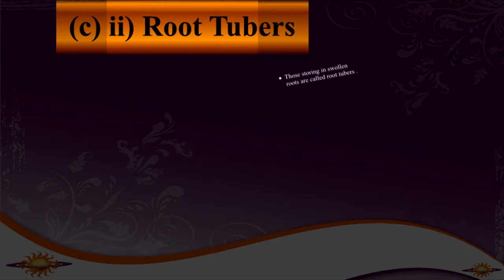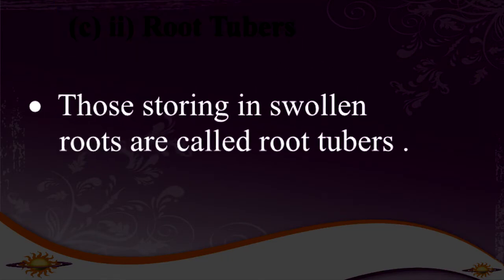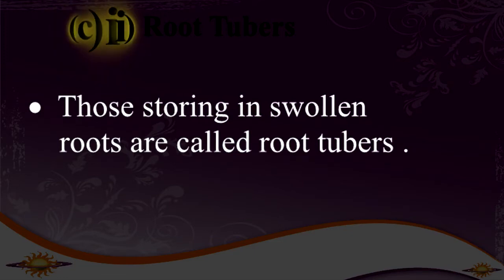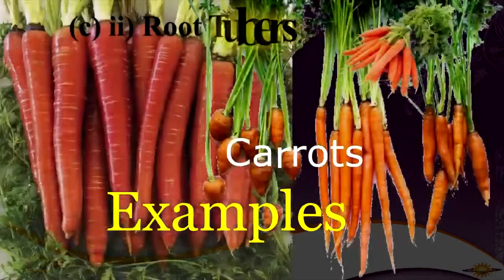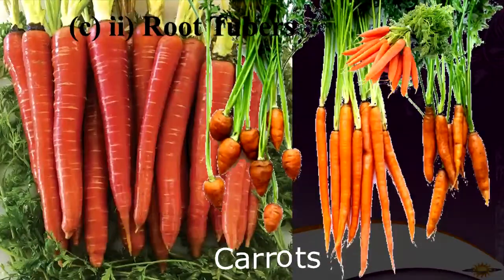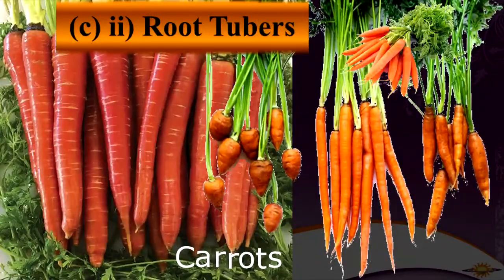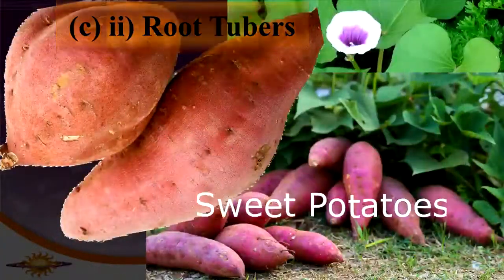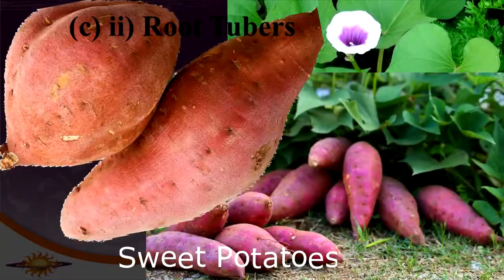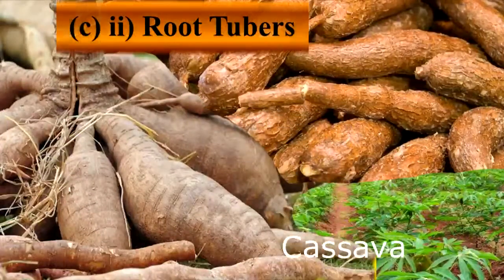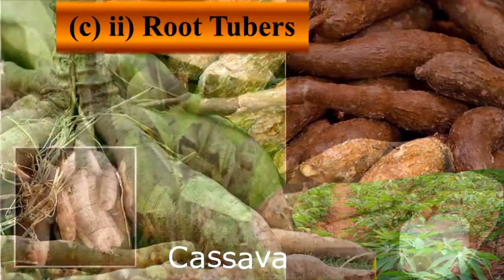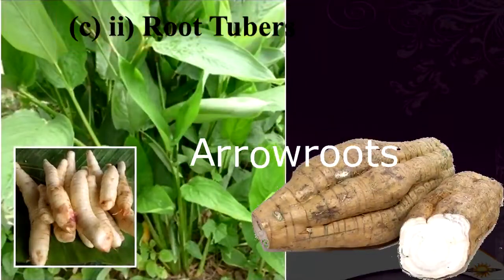On the other hand, those which store their food in swollen roots are called root tubers, and they include carrots, sweet potatoes, cassava, and arrowroots.